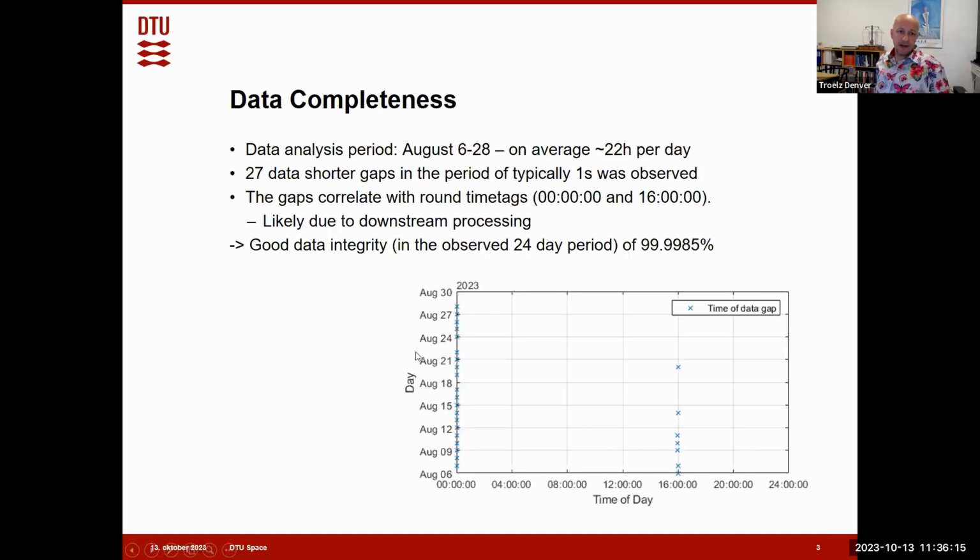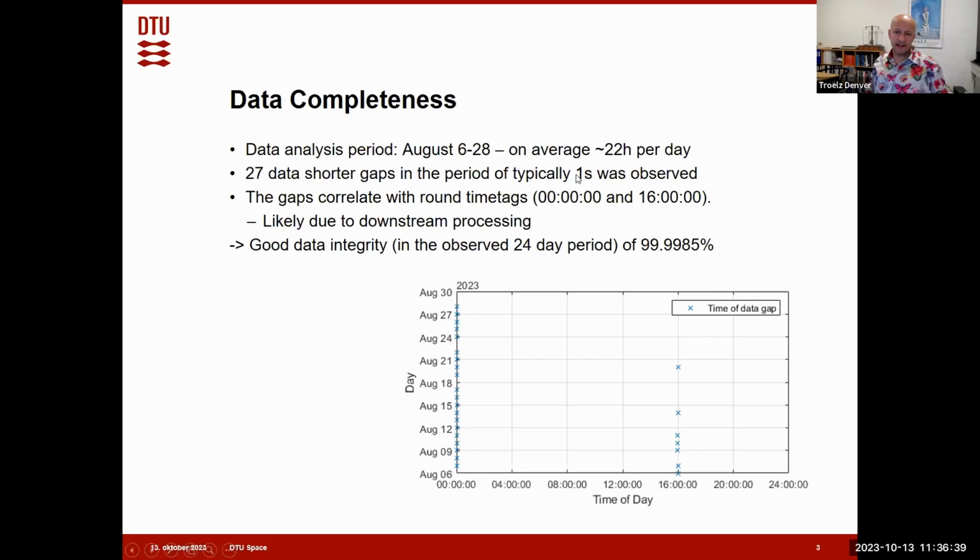So first of all, I've been looking at data covering the range from August 6th through August 28th, roughly 25 days of data. Most of them are complete 24-hour data, some only 16-hour data. They are almost complete.